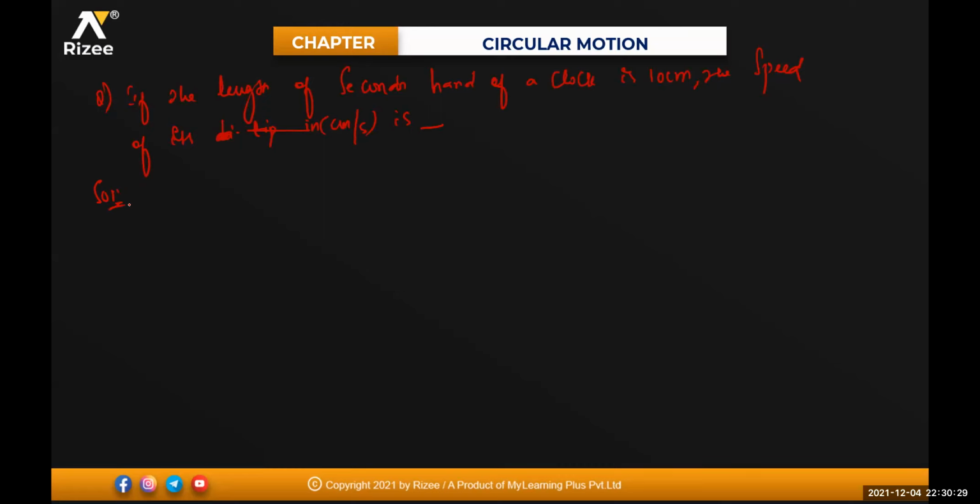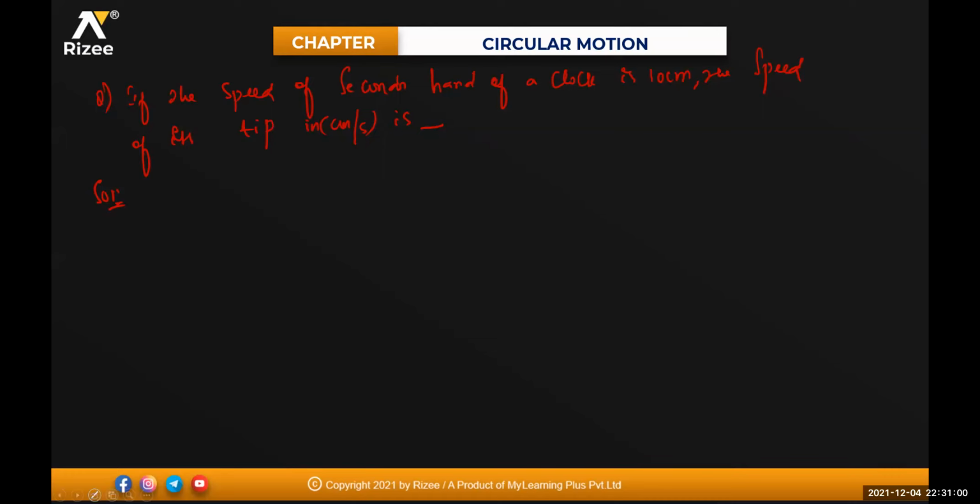The length of the seconds hand of a clock is 10 centimeters. The speed of its tip will be equal to how much? We know that it is moving in a circular path.